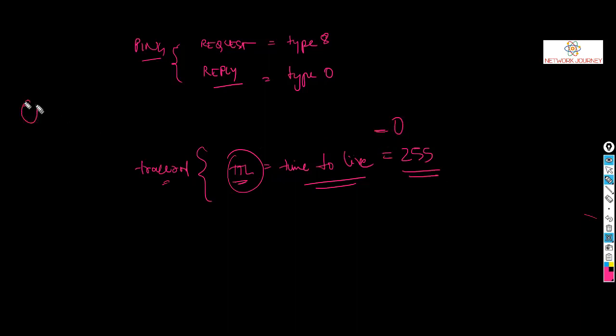Now what the router in the case of traceroute does is it's going to send TTL with 1. Once this packet in ICMP format reaches the first hop, the TTL is going to expire. As soon as TTL expires, the router has the tendency to reply back with some error. What kind of error?